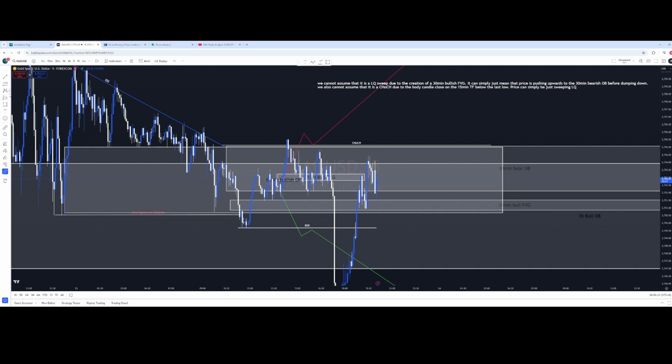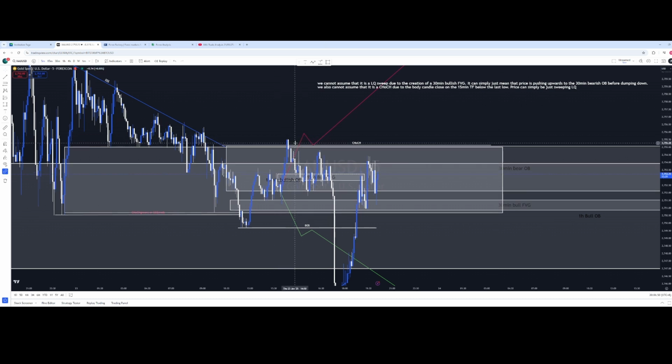Looking for buys wouldn't be that great here. You see, price only headed upwards till this point, because there's this 30-minute bearish order block in its way. So price has to mitigate this 30-minute bearish order block, which it did, right here.